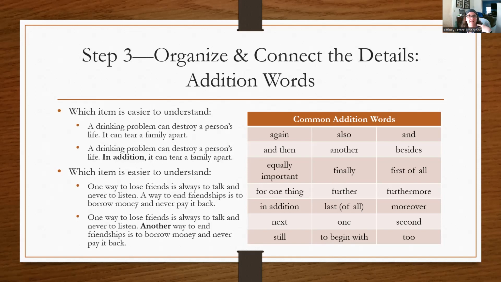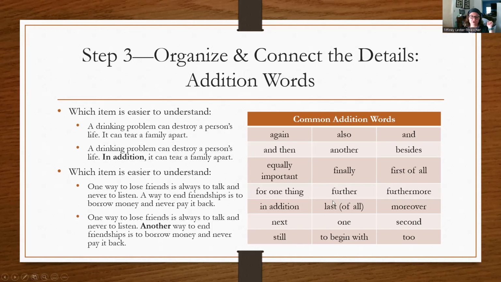Now we understand that tearing a family apart is not just, it's not that destroying a person's life tears the family. This is a second reason why drinking is bad, right? A drinking problem can destroy a person's life. In addition, it can tear a family apart. We're adding on.